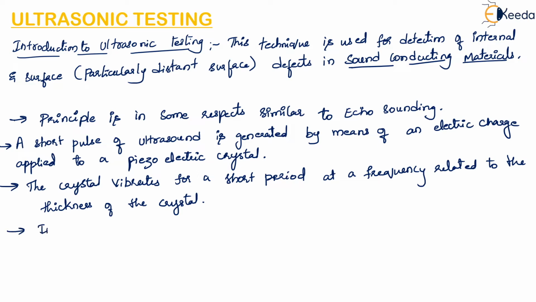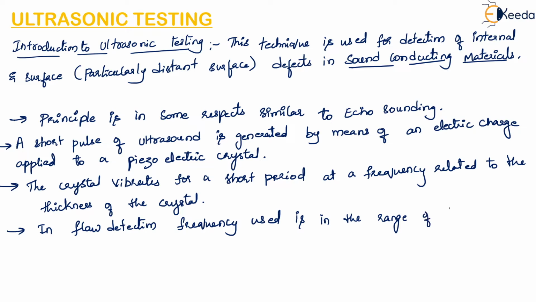So in flaw detection, the frequency used is in the range of 1 megahertz to 6 megahertz.